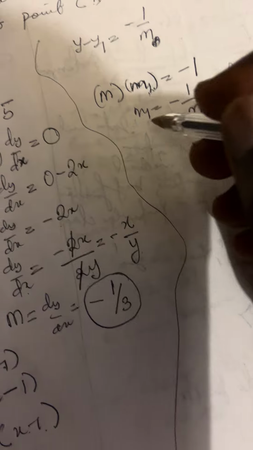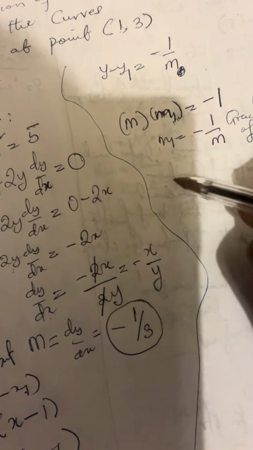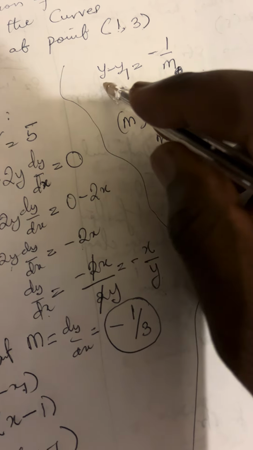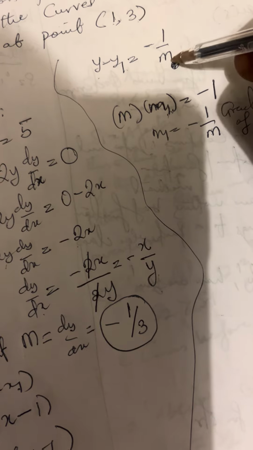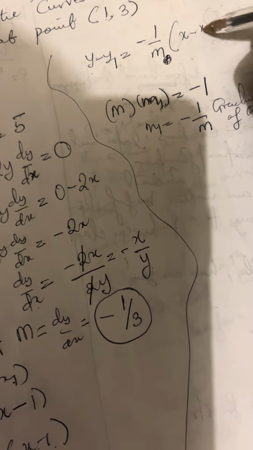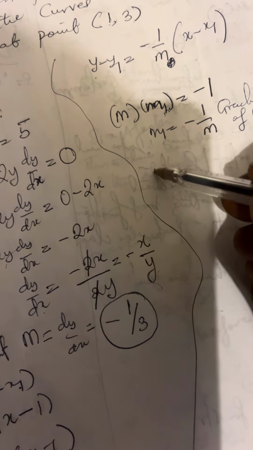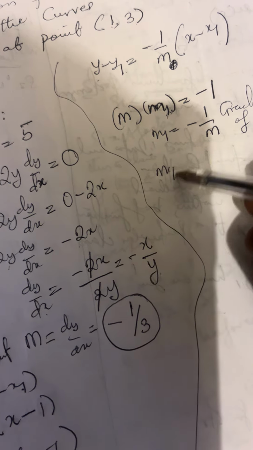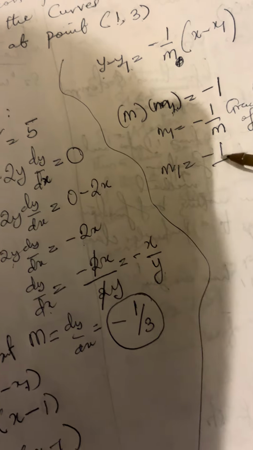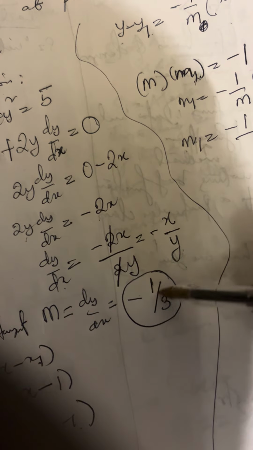So our equation of the normal will now become y minus y1 equals minus 1 over m bracket x minus x1. What was the gradient before? That is minus 1 over 3.